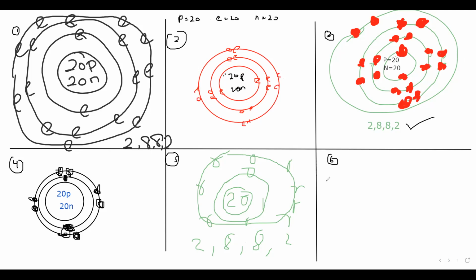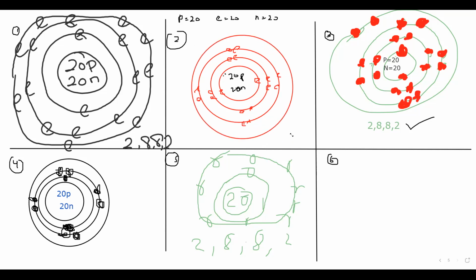We have to arrange 20 in total, so 8 plus 8 is 16, and 16 plus 2 is 18. So we still have 2 electrons to arrange, so we have to move to another shell. When we write the electronic configuration, it is 2, 8, 8, 2.